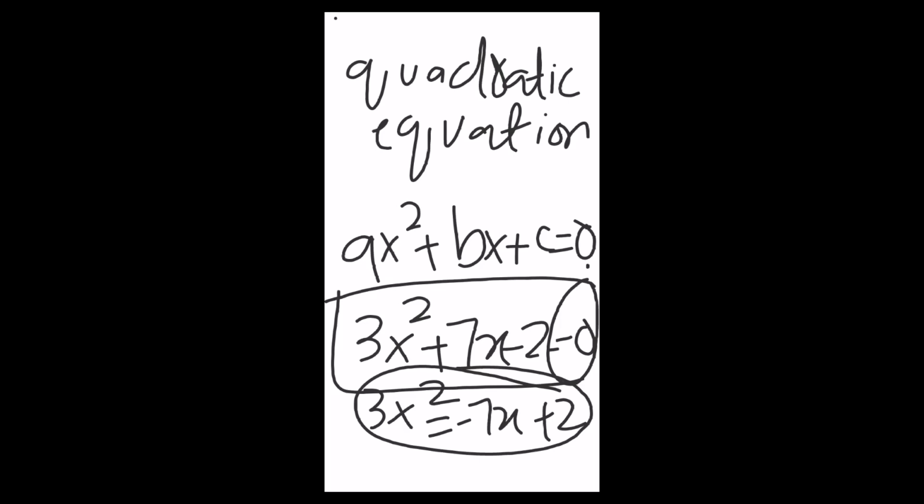No, we can't say, Aisha. I told you the standard form of the equation will always be ax squared plus bx plus c, which equals 0. Can you see any 0 in the third equation, which is 3x squared is equal to minus 7x plus 2? Can you see any 0?